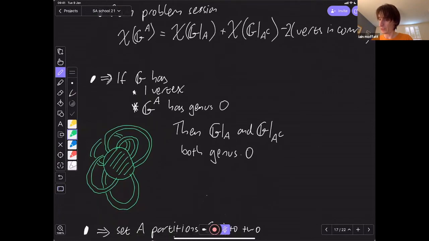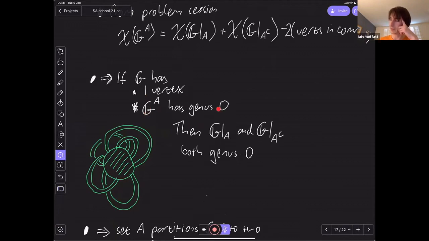So if G has one vertex, and I know that I'm getting something that has genus 0 afterwards, then it can only have one vertex in common. My partial dual gives me genus 0.